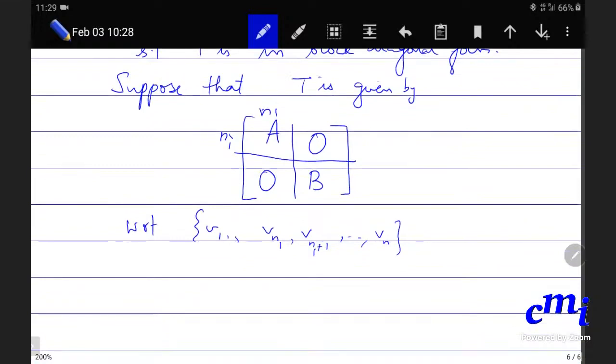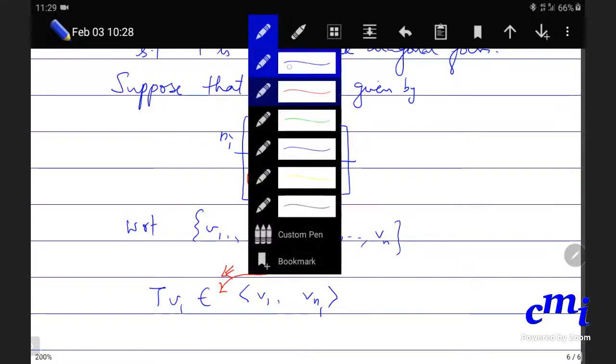But what does this mean? This means that T of V1 is inside the span of V1 through Vn1, because of this zero. This zero here implies this. In fact, it implies this for every i in the first part.